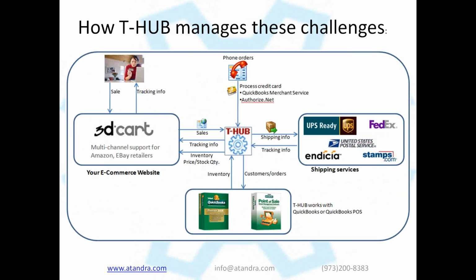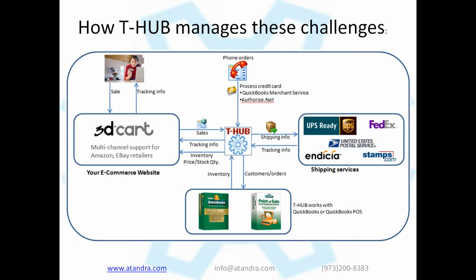Now this is a simple picture that shows how T-Hub, our product, handles some of the challenges that I just mentioned. So T-Hub is in the middle of your whole e-commerce system. It interfaces with your online website, 3D cart, Amazon or eBay if you're selling on multiple channels.